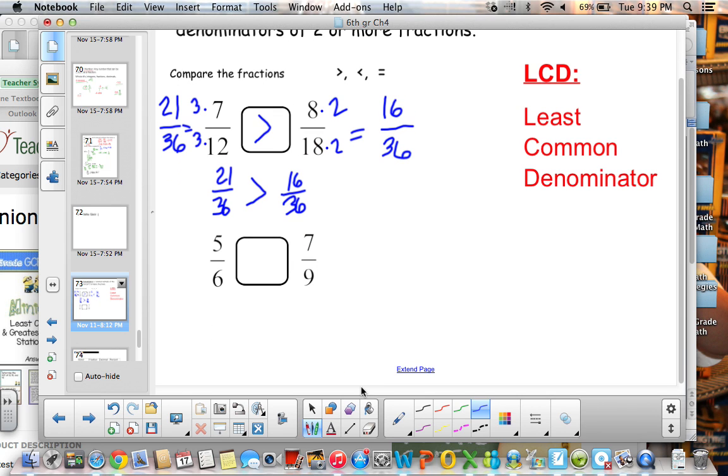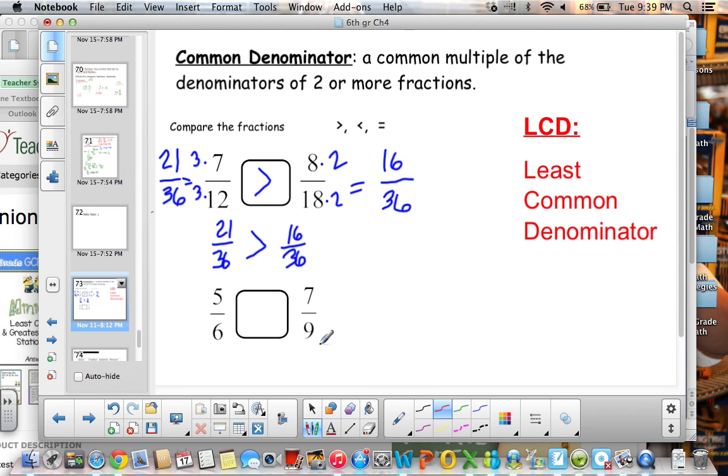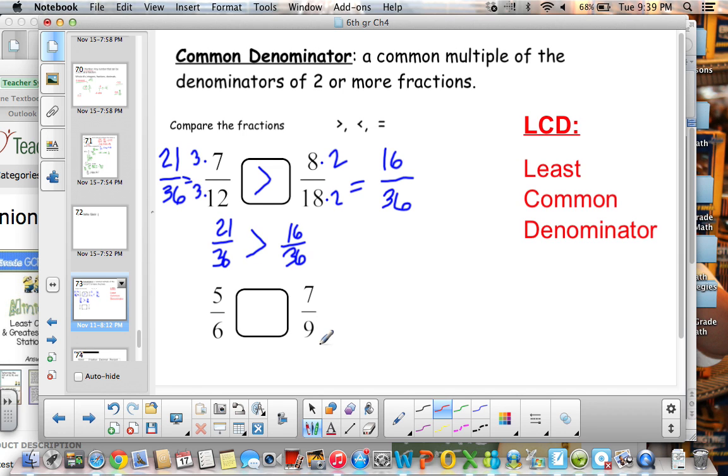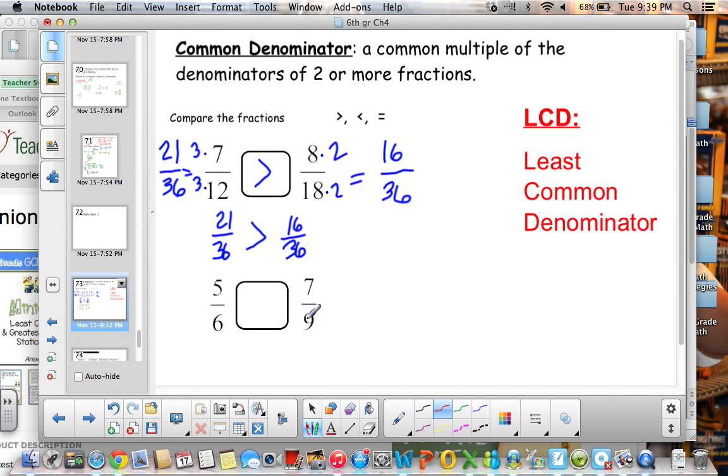For 5/6 and 7/9, I know in my head, and I don't think there's a common multiple less than if we multiplied them together. Obviously 6 times 9 is 54, so I know they will both go into 54 nice and evenly.